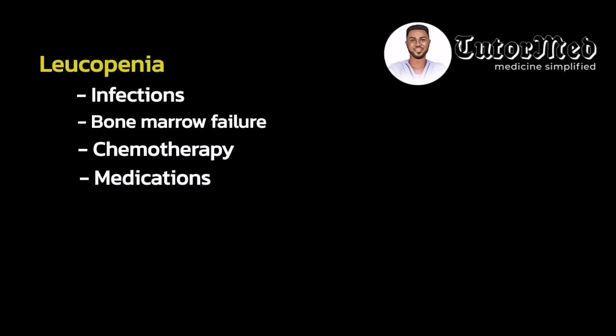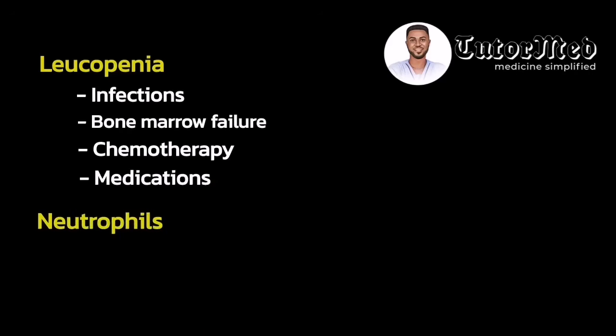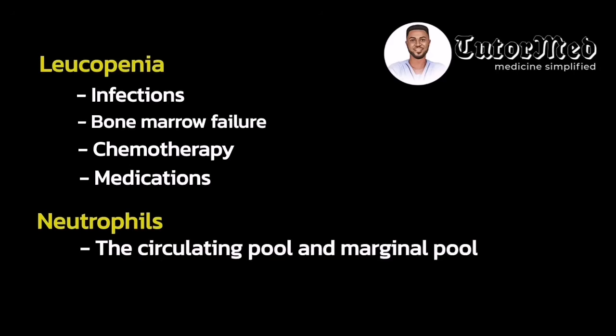Now let's turn our attention to neutrophils. When the bone marrow produces neutrophils and they get into circulation, they are classically divided into two groups: those which are circulating and those which are attached to the endothelium. So we have the circulating pool and the marginal pool, about 50% of them each.